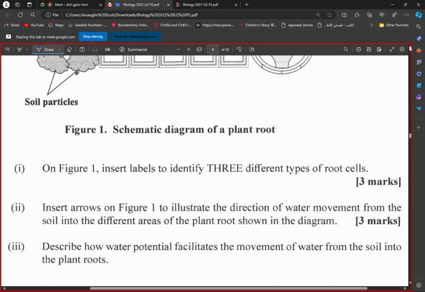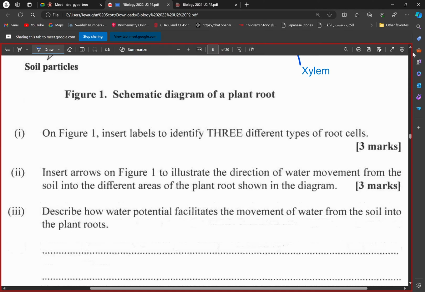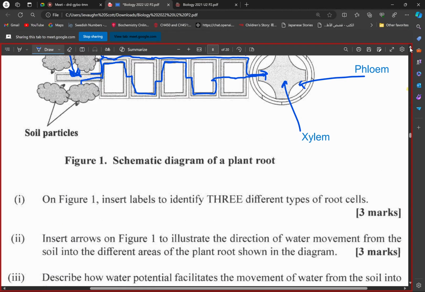So through the movement of facilitated diffusion and active transport of ions from the soil, once it moves through the root hair cell and the cortex into the xylem, it will create a reduced water potential, and as a result, it will facilitate osmosis, which will flow from a region of high concentration to a region of low concentration, moving water into the cell. Lovely.